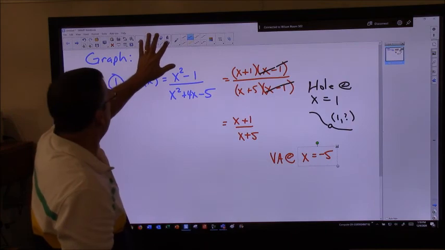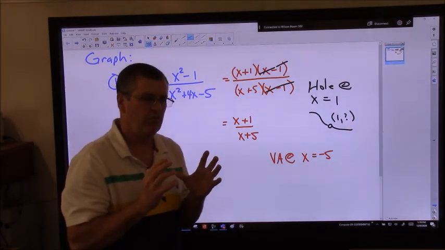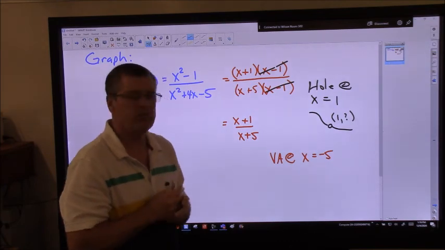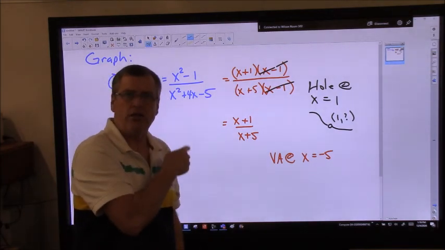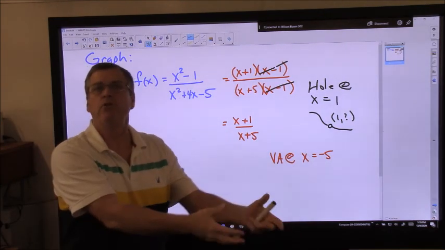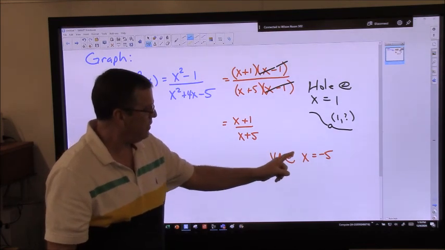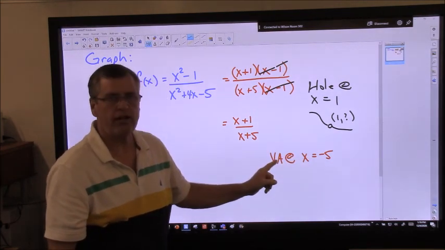Now, I just want to make sure that this is clear to us because I was watching yesterday's video and I realized I said to you guys, denominators can't equal 0, and then the next thing I do is I write down x equals some number that makes it equal 0. Okay? Well, what I'm doing is I'm saying this is where that vertical asymptote is.